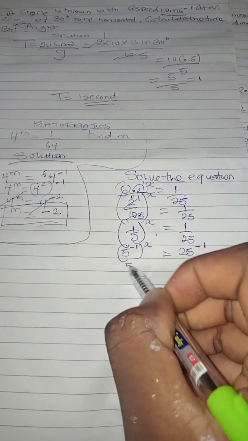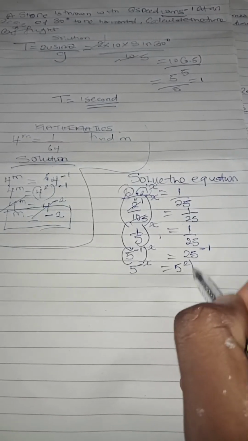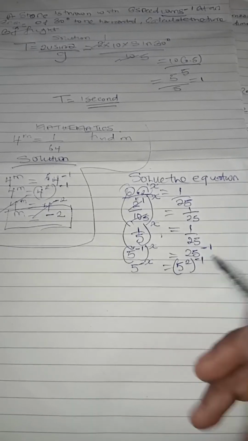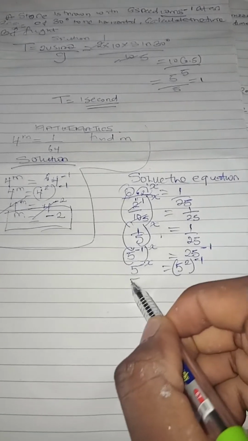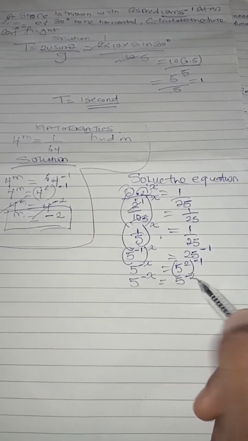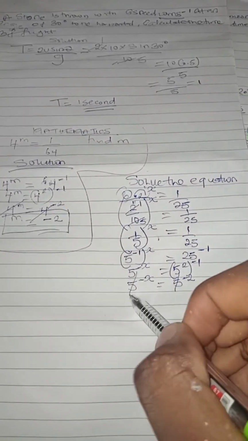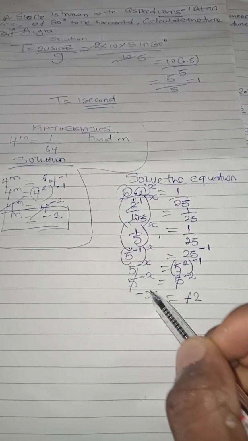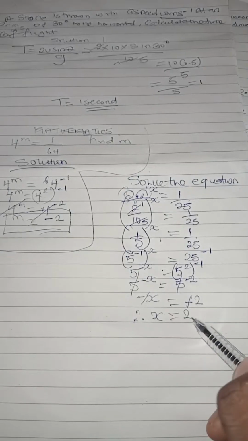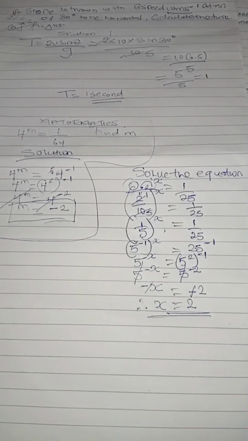So we have 5 to the power of negative x is equal to 5 to the power of 2, which is 25, then again to the power of negative 1. Simplifying, we have 5 to the power of negative x is equal to 5 to the power of negative 2. Since we are looking for the value of x, we equate both powers. So negative x is equal to negative 2. Therefore, x is equal to 2. This is the value of x in this equation.